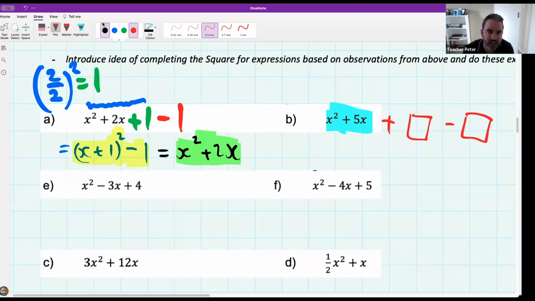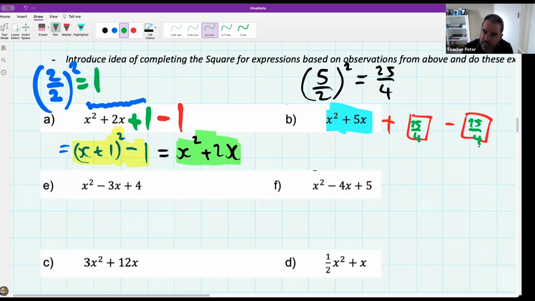we have to take the middle term, so 5 divided by 2, but we have to square that, which is 25 over 4. So we add 25 over 4, but so that the world doesn't break, we must take it away again. Now, this perfect square trinomial is going to be formed here.